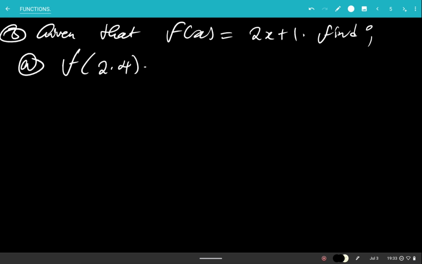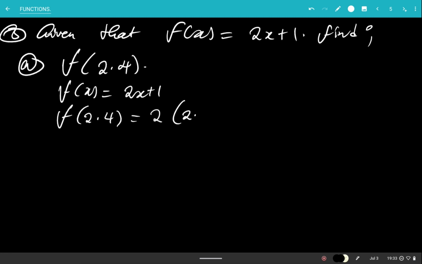So now all I have to do is look for the function that defines f, which is f of x. F of x is equal to 2x plus 1. Now f at 2.4 simply means wherever there's x, I'll put 2.4. Then plus 1. Now it's very difficult if you've always been told not to use the calculator. It will be a bit difficult for you to evaluate this.